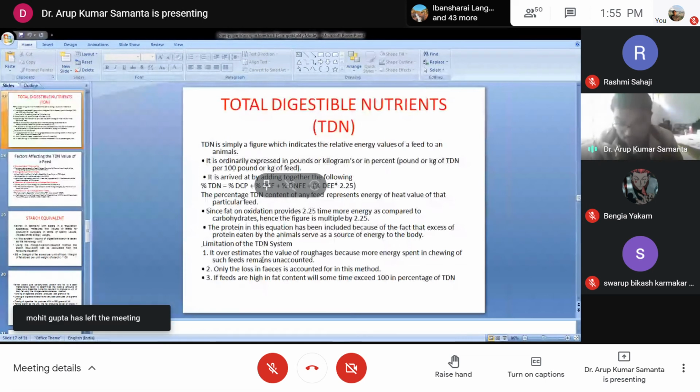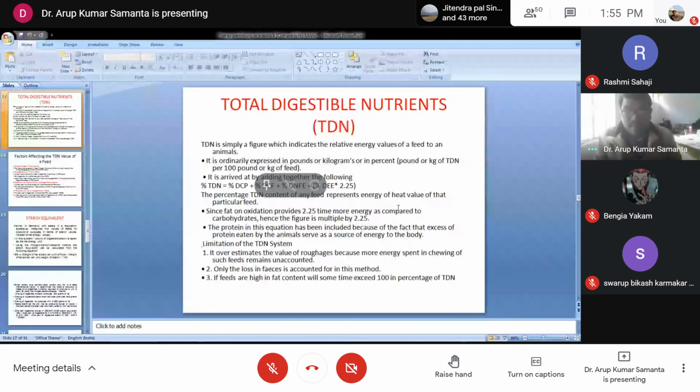In that case you have to write it is 2.25. Then here one thing you have to remember, that one can easily get an idea about the total digestible nutrient content in the feed if you get the value of digestible crude protein percentage, digestible crude fiber percentage, digestible NFE percentage, and digestible ether extract percentage.